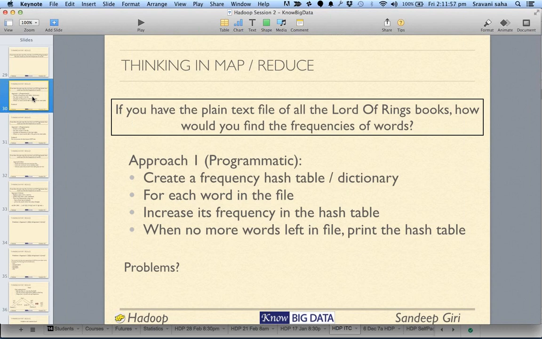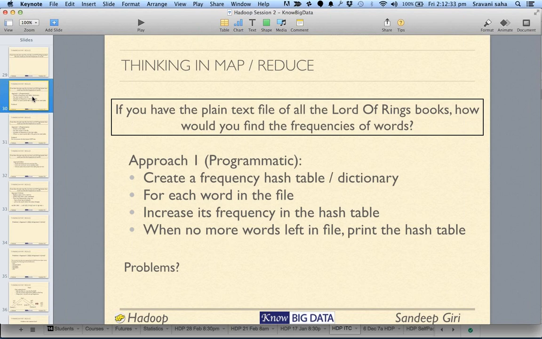If it does, we just increase the count. If it doesn't exist, we add it as a new key and put the number. That was the approach almost all of you have given. Whether you use Collections.frequency, that also does the same thing.